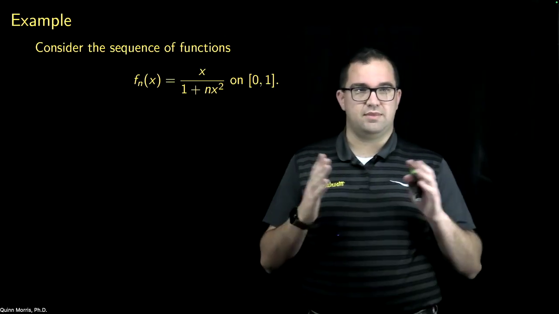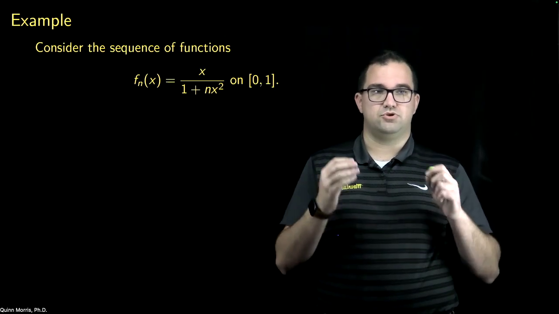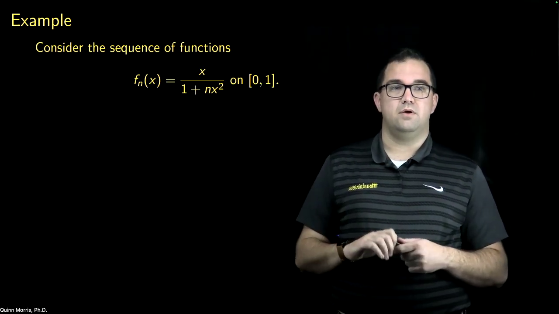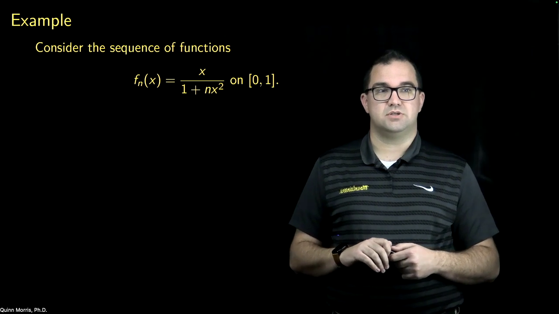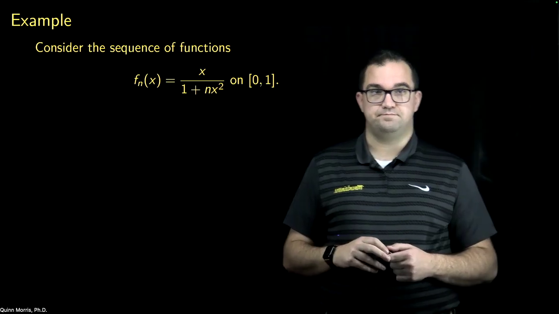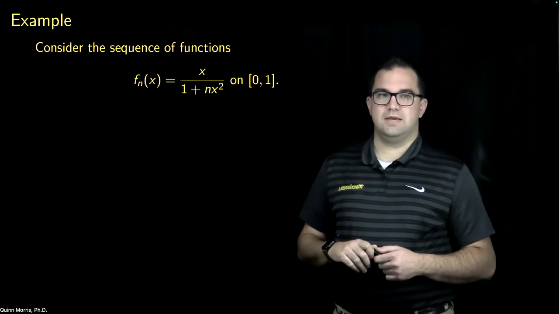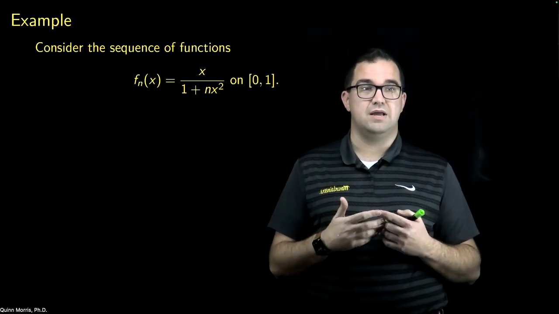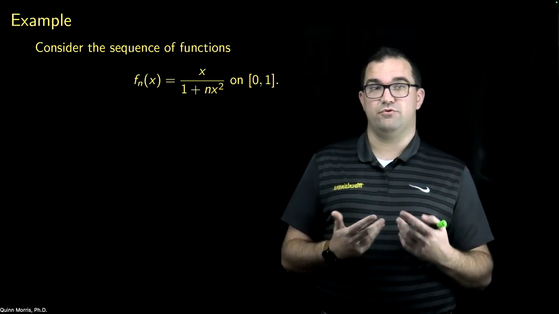But we can also think about this from a purely algebraic, analytic perspective to try and determine whether this sequence of functions converges pointwise and/or uniformly. So in order to begin, if I'm going to prove something is converging, I need to have some candidate for the limit.